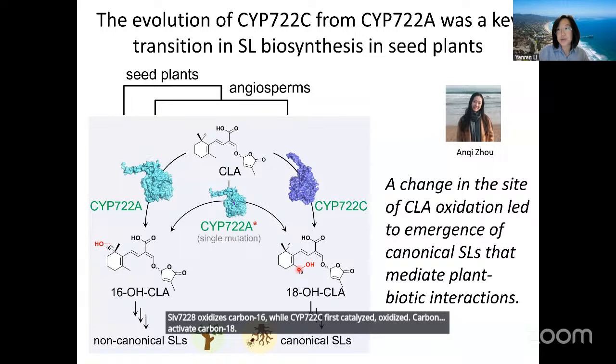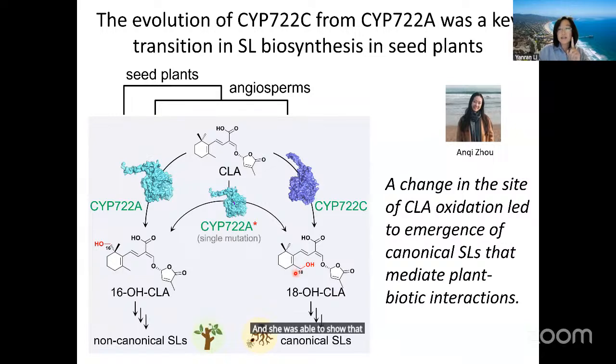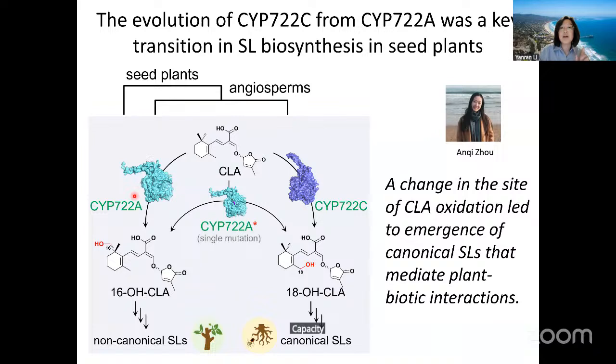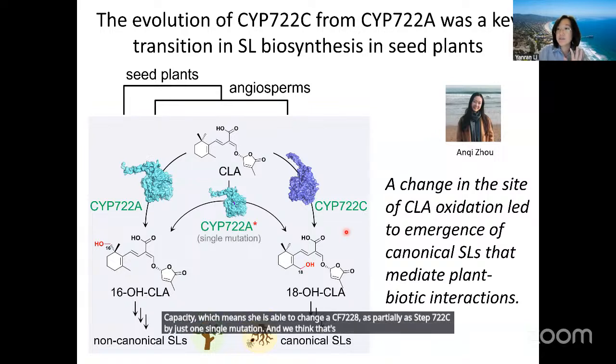And she was able to show that by only one single mutation, she could equip CYP722A with 18-hydroxylation catalytic capacity, which means she can change CYP722A partially into CYP722C by just one single mutation. And we think that's probably what happened during evolution.